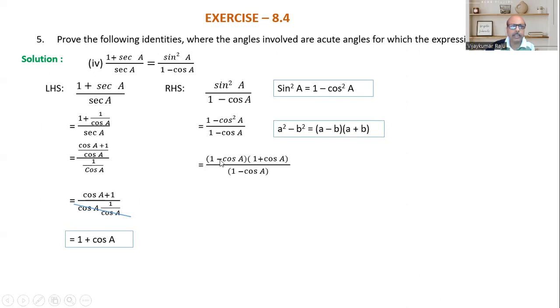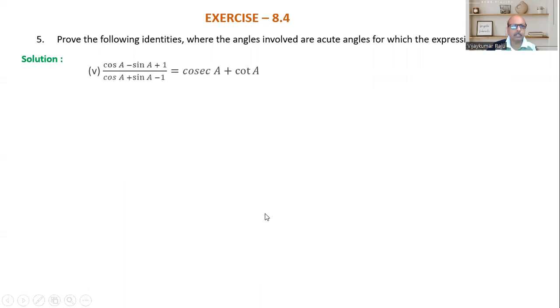So it is 1 minus cos, 1 plus cos upon 1 minus cos. These cancel and you are left with only 1 plus cos. Left side you got 1 plus cos, right side also you are getting 1 plus cos. Therefore, LHS is equal to RHS. Hence proved.